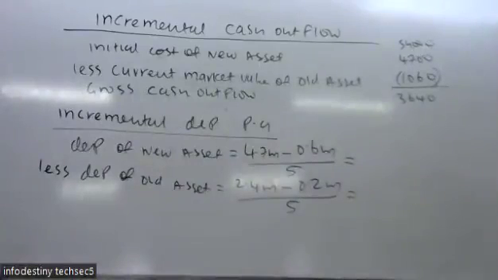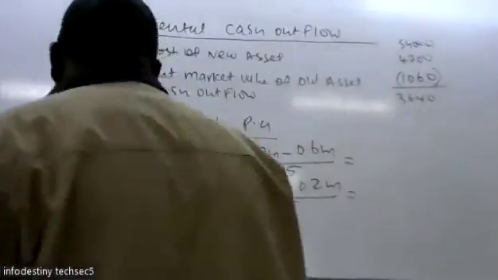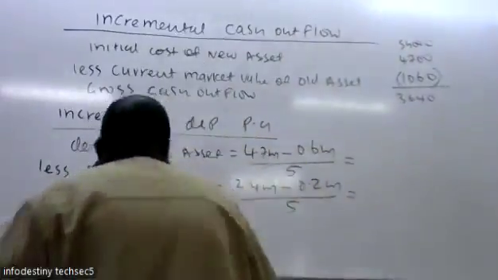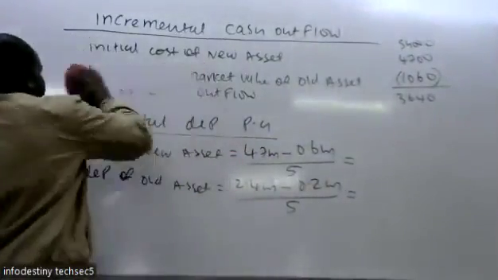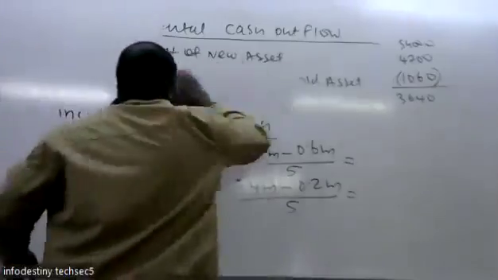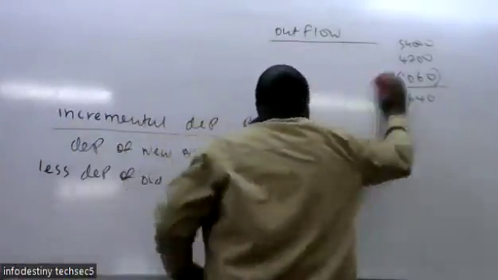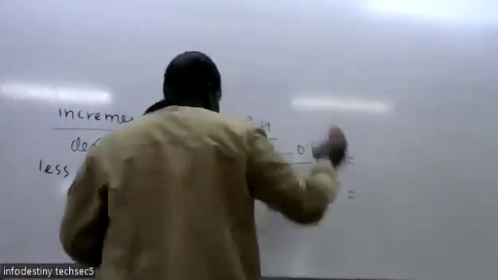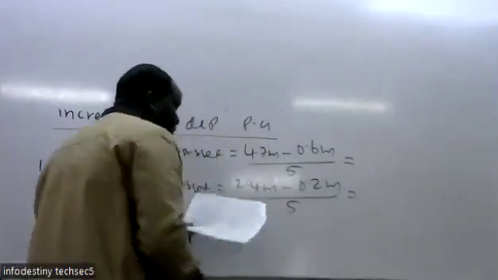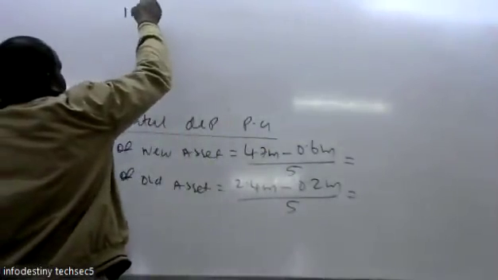So that is now our step number 2. We got step number 3. In step 3, we simply come up with the incremental salvage value.